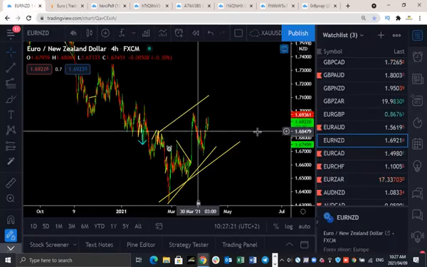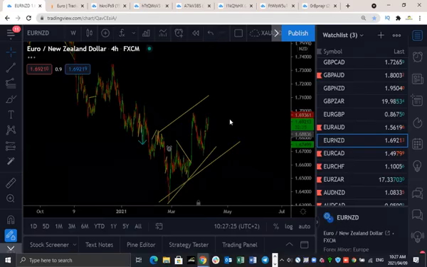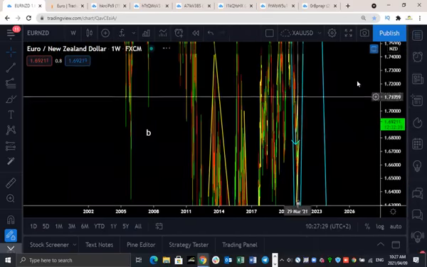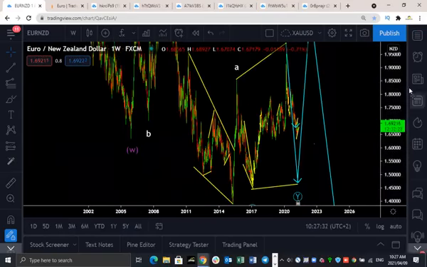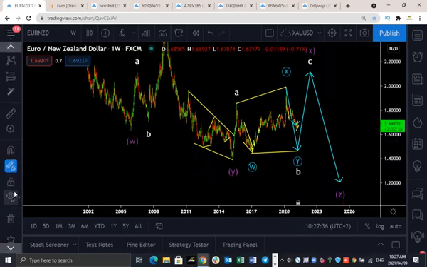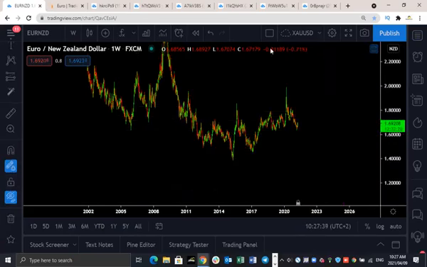So what we're seeing now here is this corrective structure. Let's go to the daily again here. We're getting a bounce here.